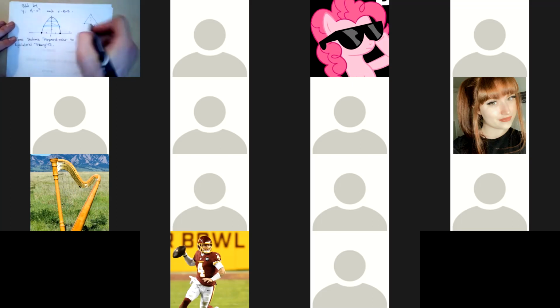We need to figure out the height. In an equilateral triangle, all of the degree measures are 60. So if the short side is x, hypotenuse is 2x, this one's going to be square root of 3 x. So here, let's call it h. And so h is square root of 3 x by our geometry. So our volume, what is our dV?